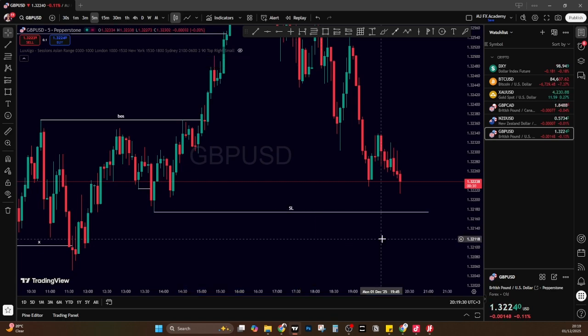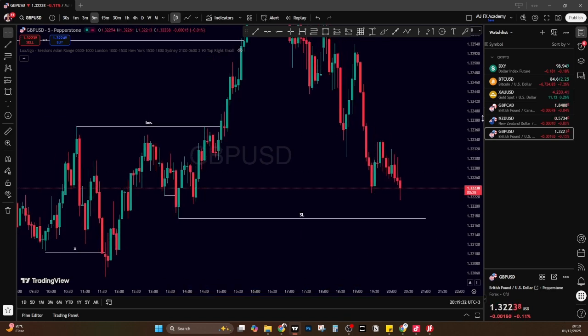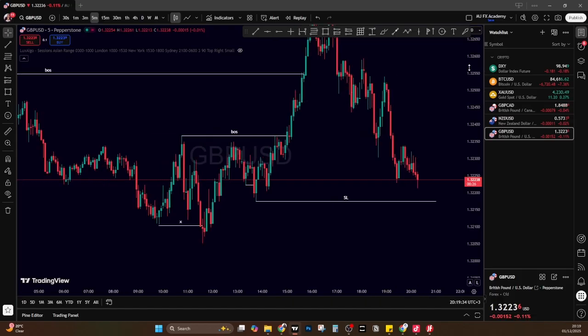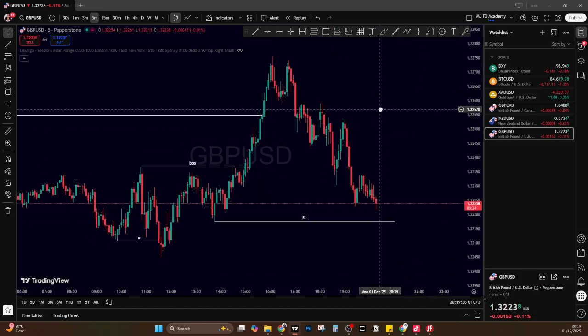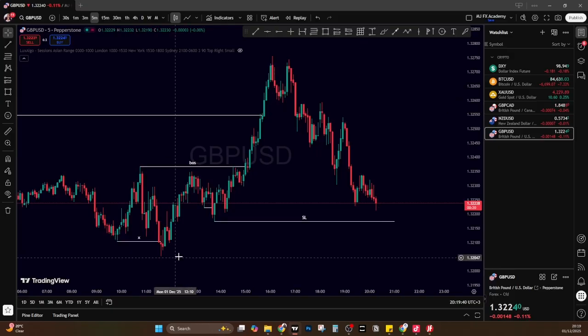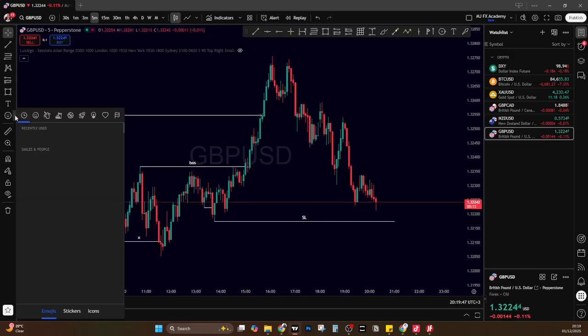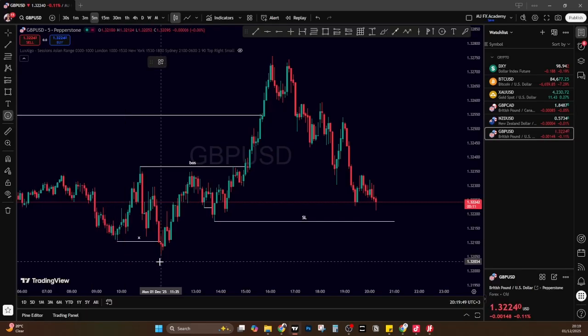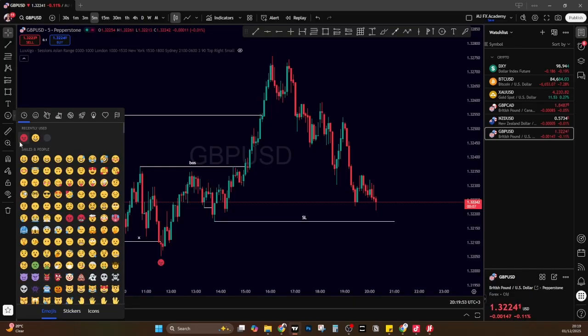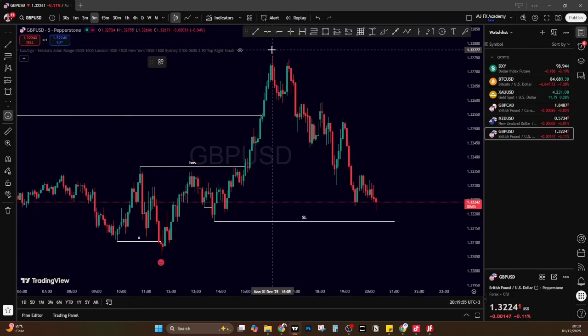SL, a strong low. But now I want you to look at this. This is the 5 minutes time frame. What is our trading range? Our trading range is from this low to this high. How do you determine a trading range?